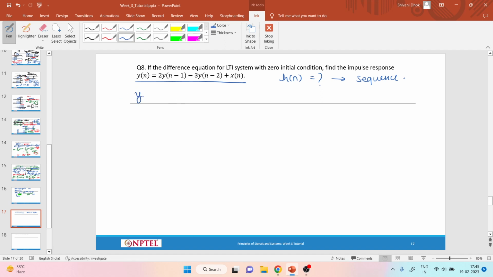So basically, if I need to find my impulse response, my x of n is equal to delta of n. So this comes out as y of n equal to 2 times y of n minus 1 minus 3 y of n minus 2 plus delta of n. First I'll find it at n equal to 0.